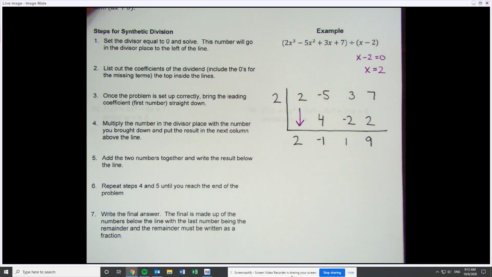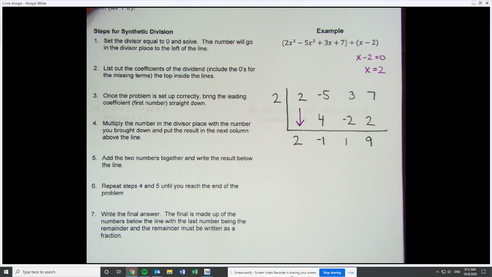Now we just need to write our final answer. For the final answer, we have to bring the x's back in because our original had x's in it. It's a polynomial. I can't just say 2, -1, 1, 9 and be done. To bring the x's in, you need to follow this pattern.